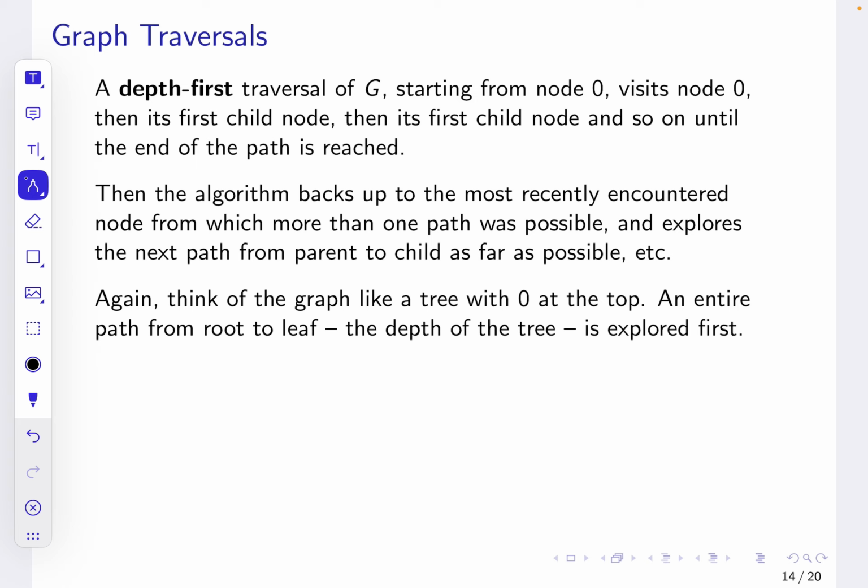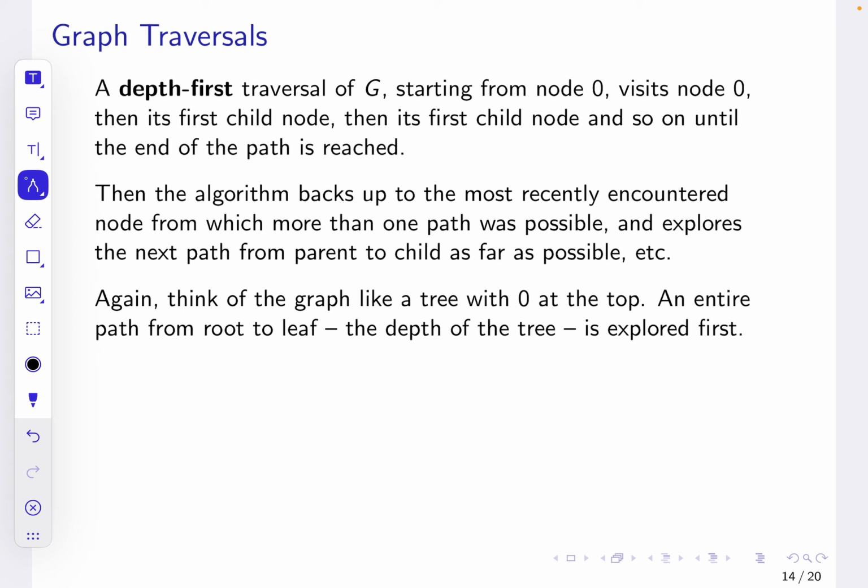Now for depth first. While a breadth first search would go down a tree rather slowly while visiting every node at a given level of it, depth first just goes as deep as possible, as quickly as possible, going to 0, then 0's first child, and then that first child's first child, and then that first child's first child, until it reaches a dead end.